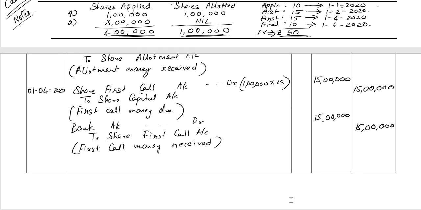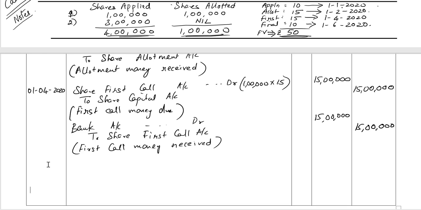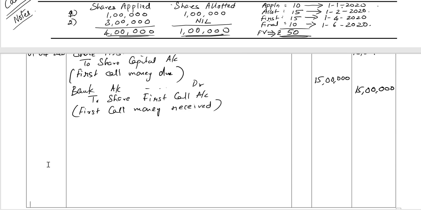The next entry is to make the final call amount due. The final call amount becomes due on 1st of June 2020. Share final call account debit to share capital account.